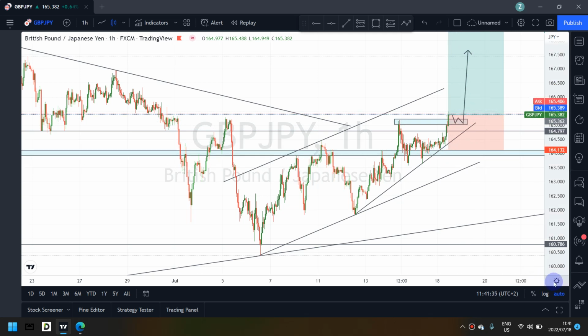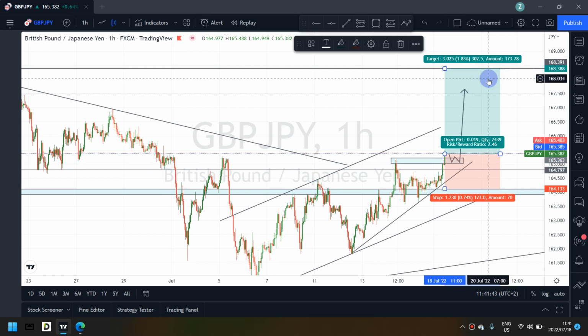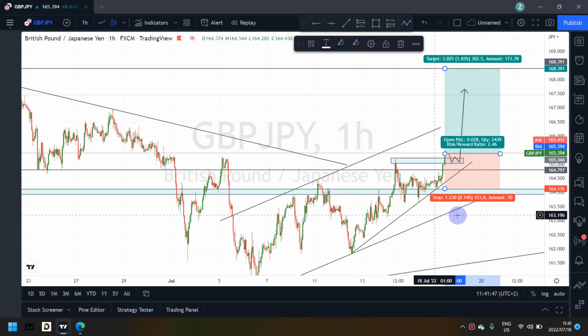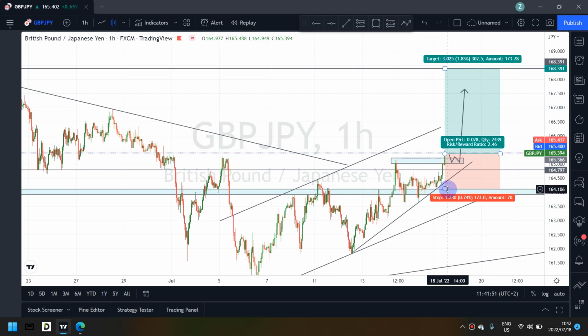So there's another thing that I want to cater for, which is our risk to reward ratio. So basically our take profit is at this key level, and our stop loss is at this zone right there.